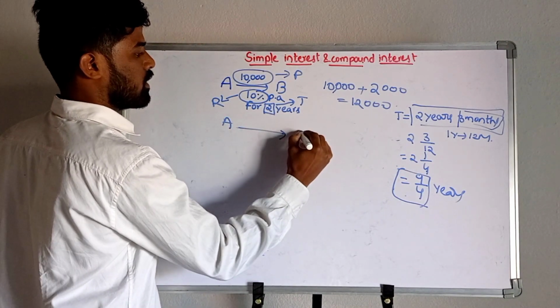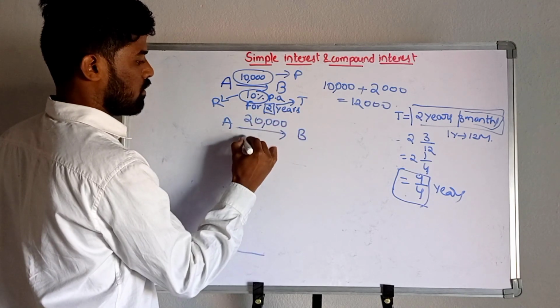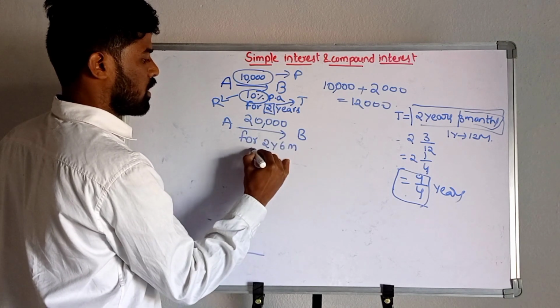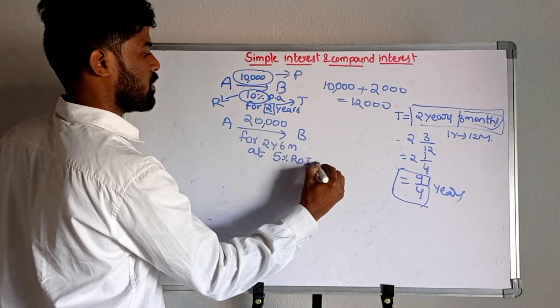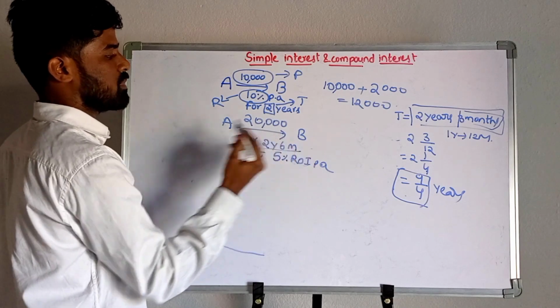Suppose A gave B an amount of 20,000 for 2 years 6 months at 5% rate of interest per annum. We have to calculate the amount at the end of 2 years 6 months.